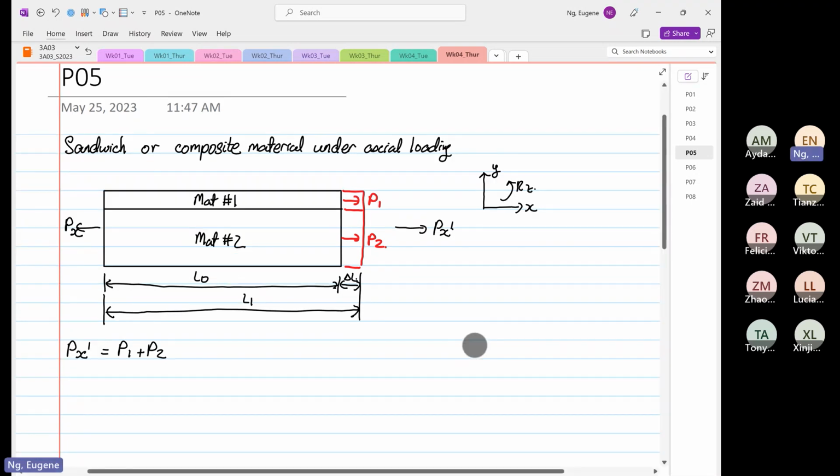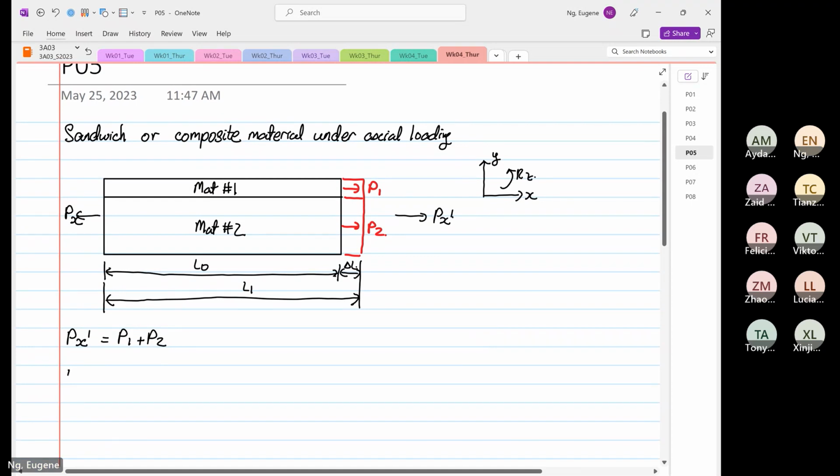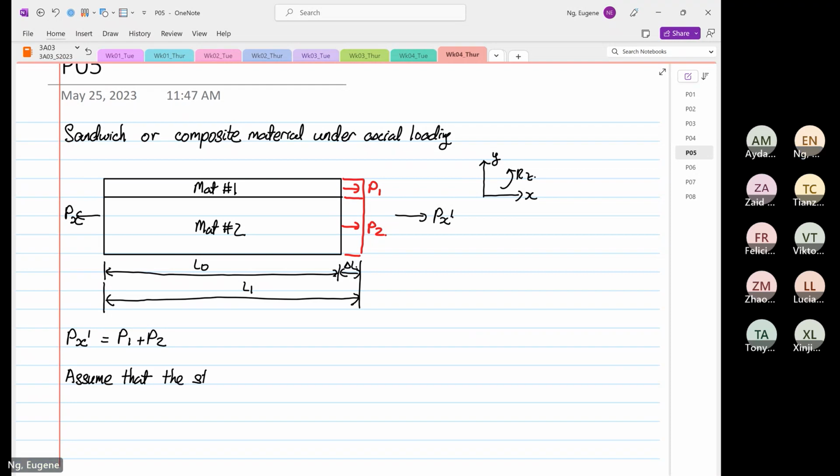And then we're going to assume that the strain induced on both materials is the same.